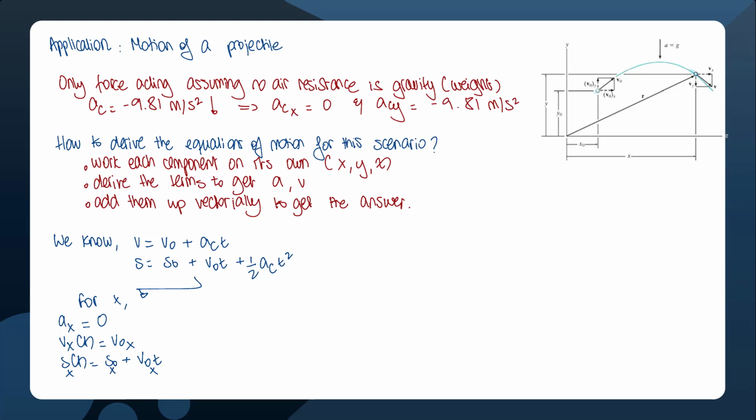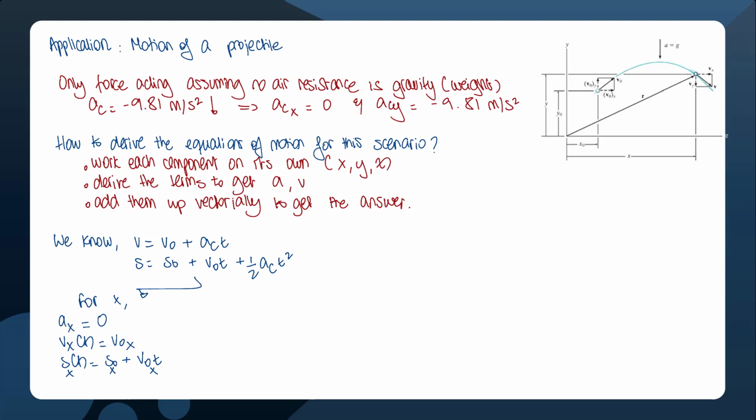So since a_cx is equal to 0, when we integrate or when we replace in one of these equations, we get v_x is equal to v_0x. Notice that the a_c t term cancels out because a_x equals 0. Similarly, replacing a_x equals 0 in the second expression, one has s_x is equal to s_0x plus v_0x t. And notice here again, the third term cancels out since the acceleration is 0 in the x direction.